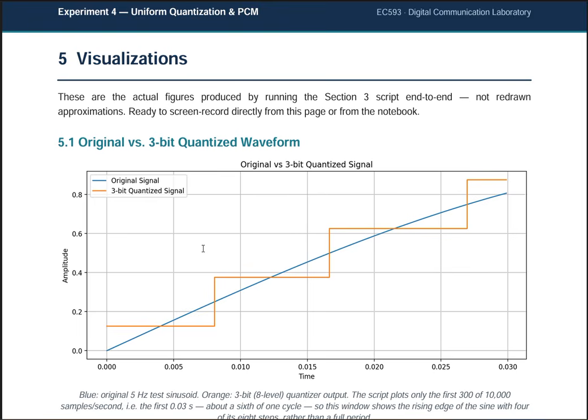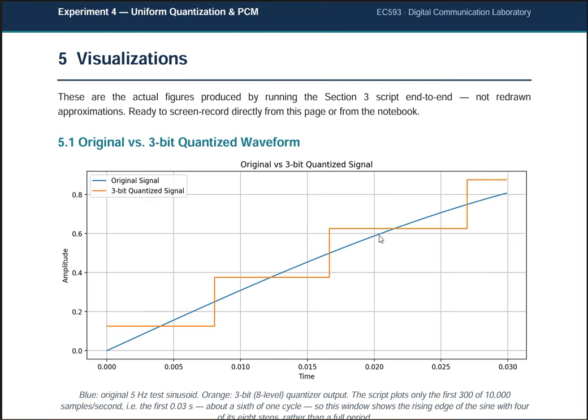The blue line is the original, and the orange line is the 3-bit quantized signal, which looks like a staircase. The staircase effect happens because we only have 8 possible levels for a 3-bit quantizer. If we use more bits, the number of steps increases, and the quantized signal becomes much closer to the original one.